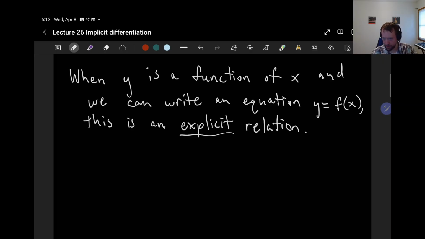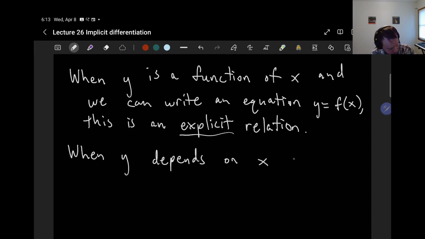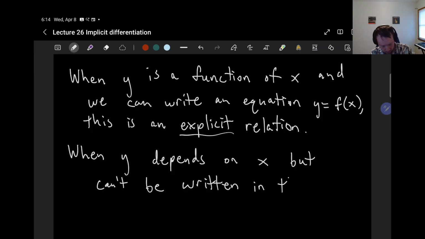Now the opposite of that is implicit, and that will be our main discussion for today. Well, in this case, y still depends on x, but we cannot write it in that nice form, y equals f of x. It can't be written in the form y equals f of x.